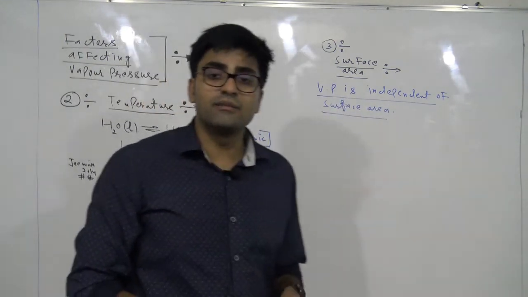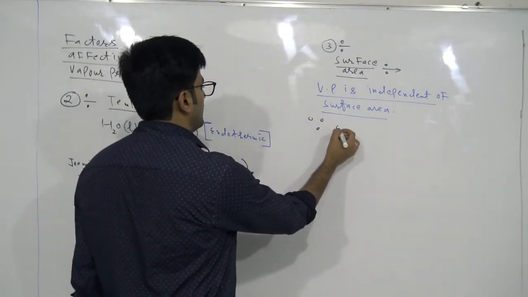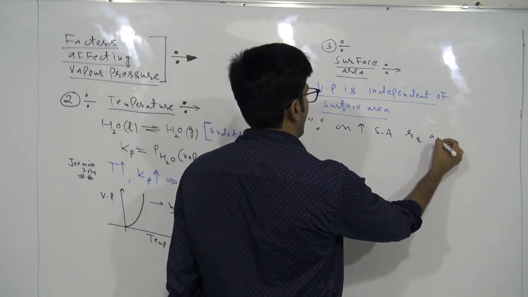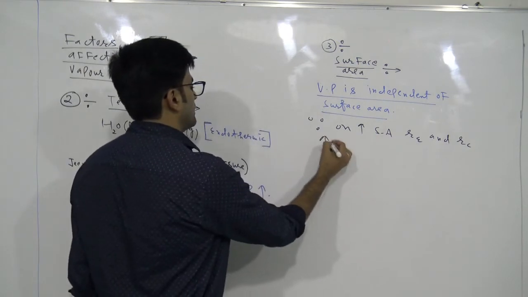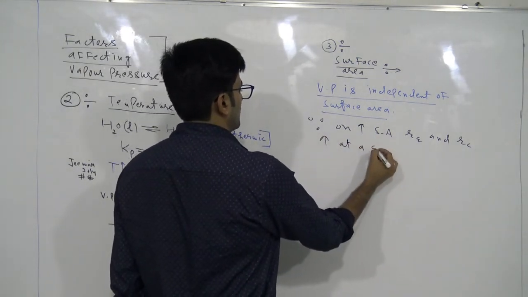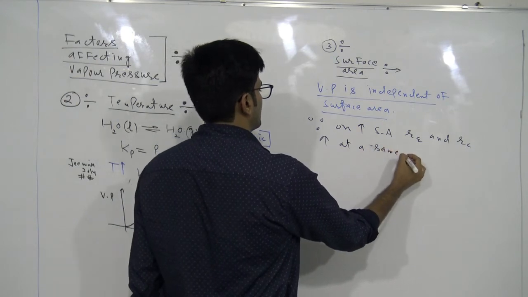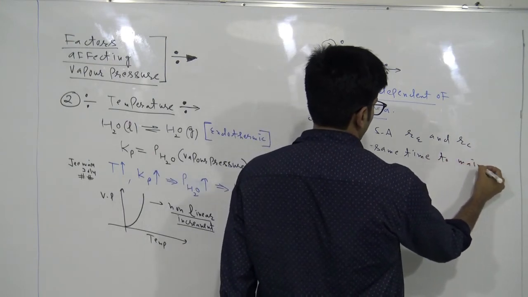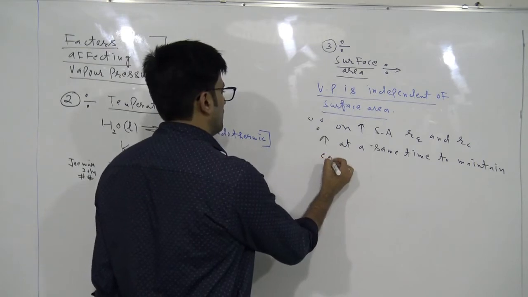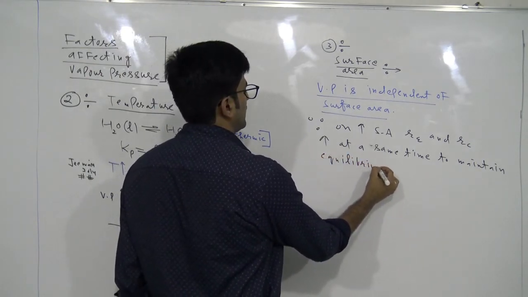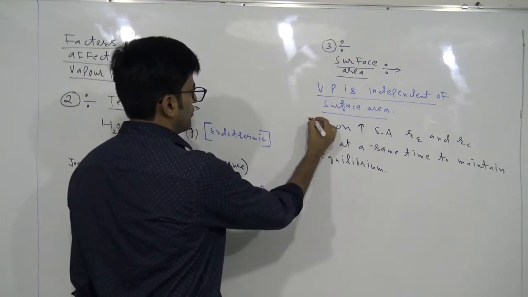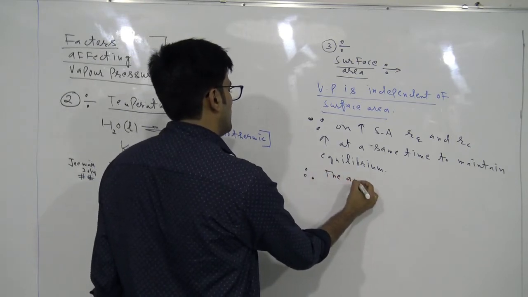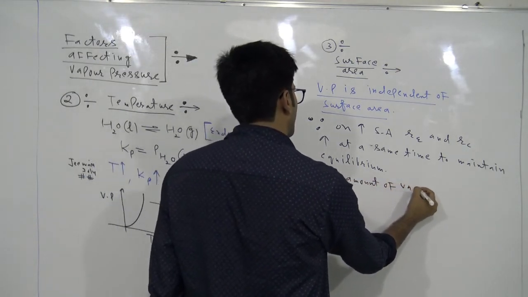And why is it independent, guys? Because on increasing surface area, okay, rate of evaporation and rate of condensation increase at the same time to maintain equilibrium.